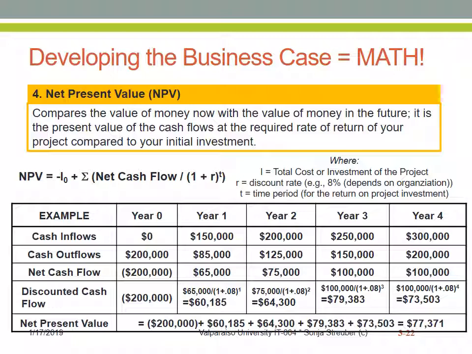So the net present value, in short, really looks at the cash flow at the beginning of a project, which is the investment into the making or conducting of the project, and then adds to that the sum of the expected net cash flow that is being divided by 1 plus this discount rate, and the 1 plus the discount rate is being taken to the power of the time period over which we are expecting a return on this project investment.